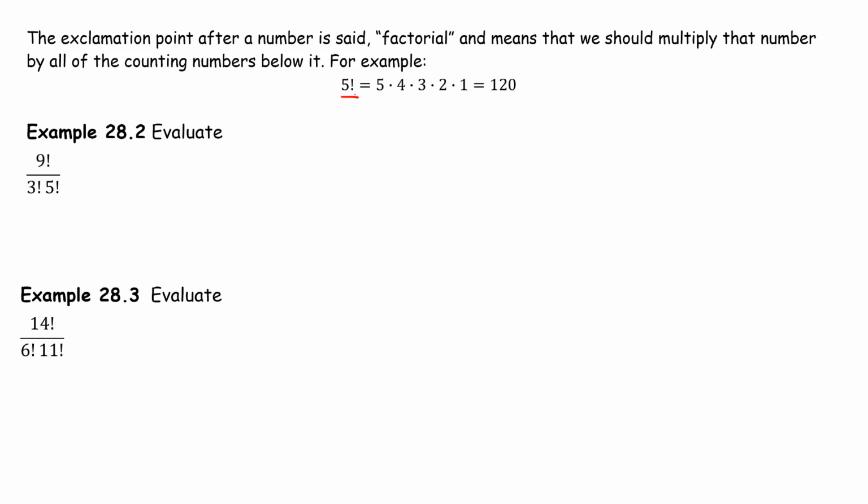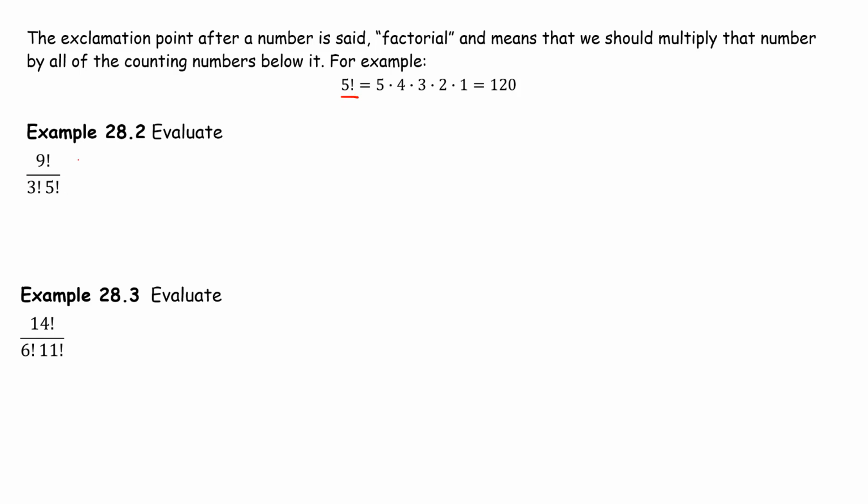All right, so these two examples we're going to do are just going to give us an idea of how factorials act, how we can simplify fractions involving factorials, and how we can write fractions to simplify a big factorial expression.